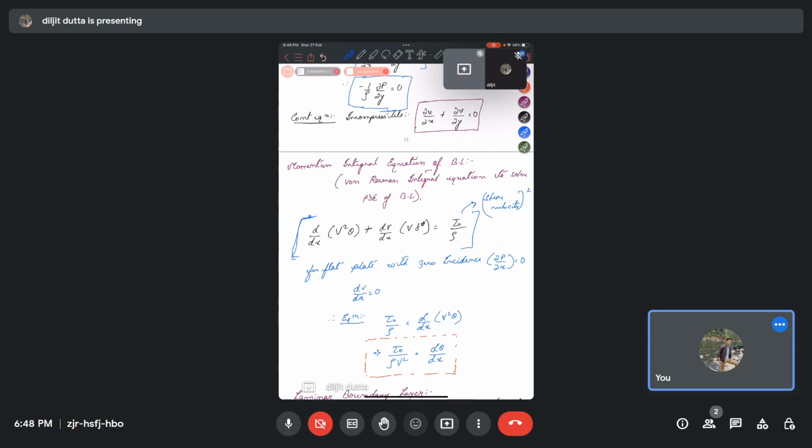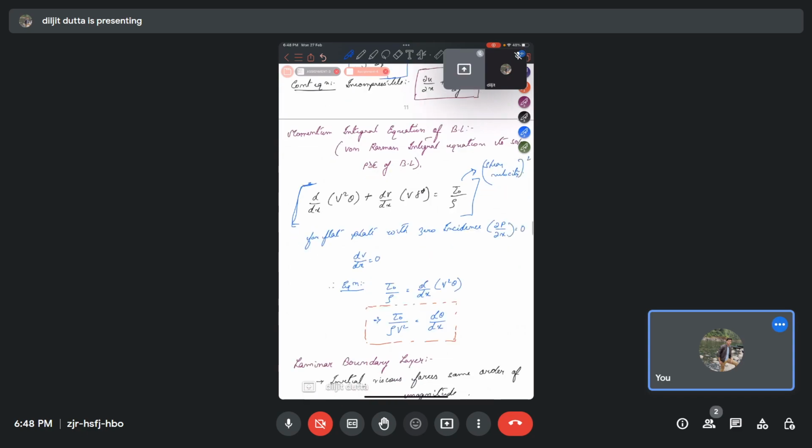Here V is the free stream velocity, theta is the momentum thickness, and delta star is the displacement thickness.